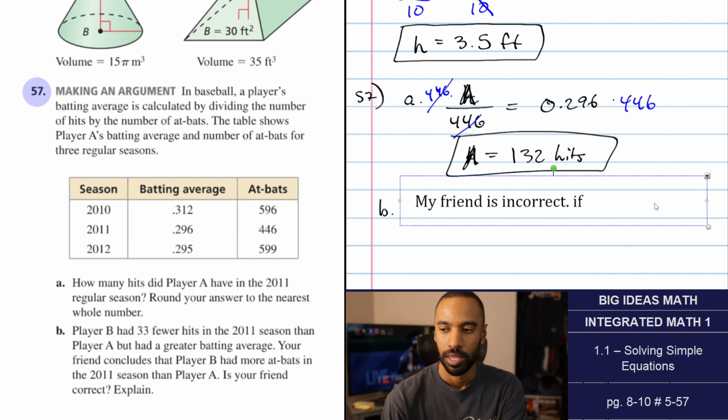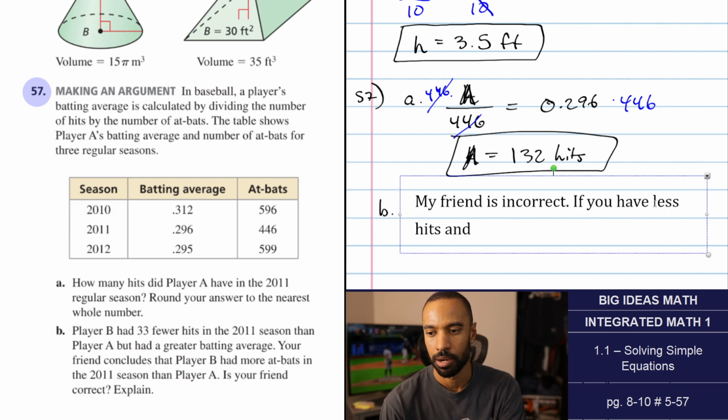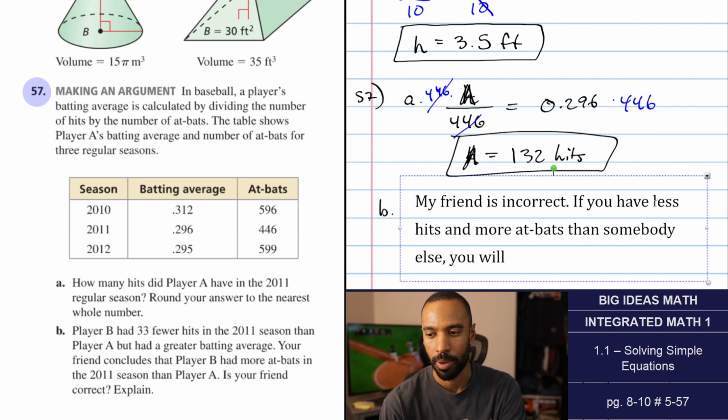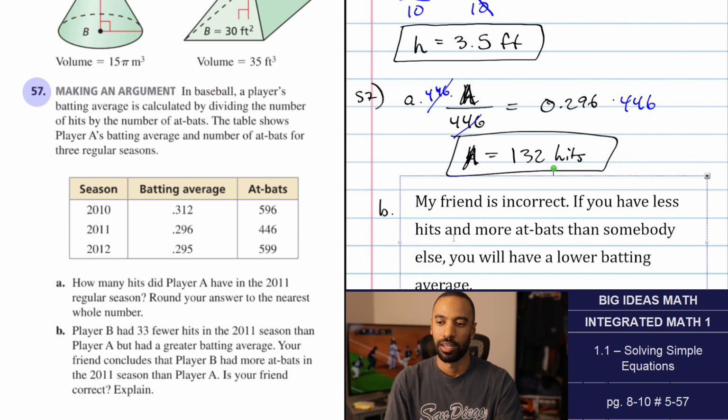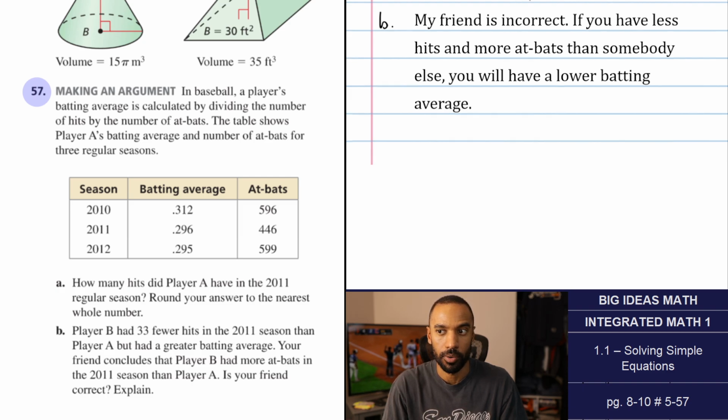If you have fewer hits and more at-bats than somebody else, you will have a lower batting average. In order for you to have a higher batting average, you would also have to have fewer at-bats, and to some greater extent.